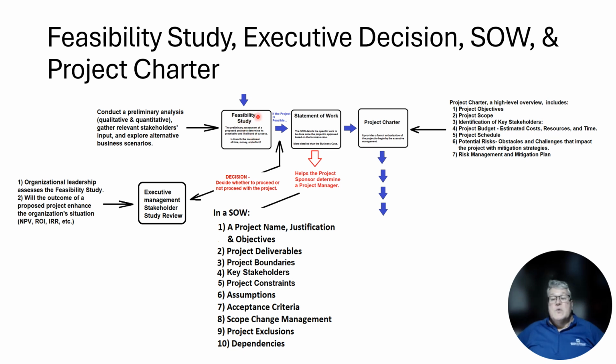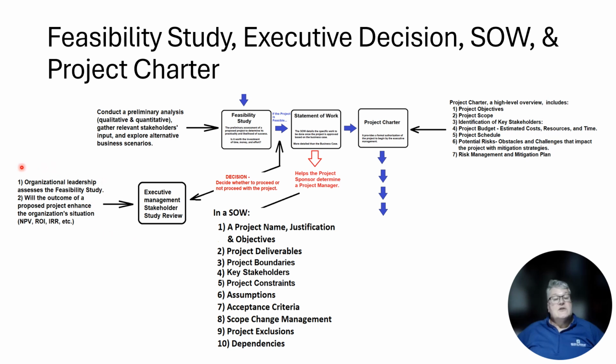So at this point, once the feasibility study is done, it needs to be taken a look at by executive management. That would be the people that are going to sign off and say, okay, it looks like this is feasible based upon the business case and the feasibility study, and now we're going to approve that. Okay, so as I have in here, decisions made, executive management stakeholders studied those documents and all that information.